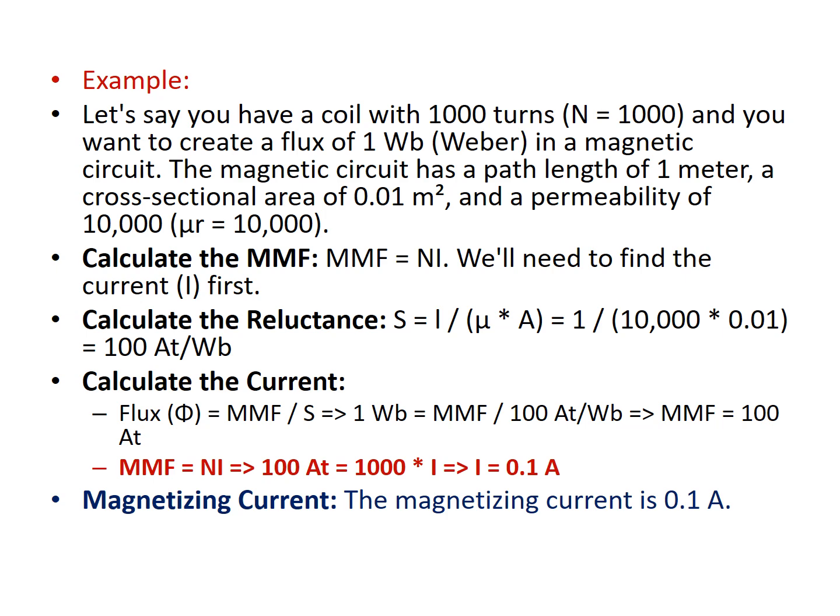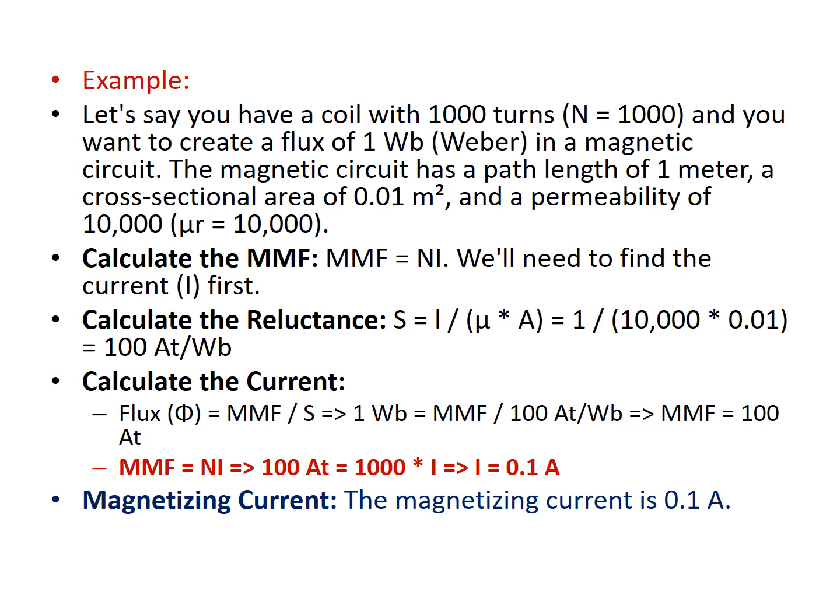So calculate the magnetomotive force using the equation MMF is equal to N into I. Calculate the reluctance using the formula S is equal to L upon mu 0 mu R into A. And therefore we have S, the reluctance, in our case 100 ampere turns per Weber. Calculate the current using the equation flux phi is equal to MMF upon S.